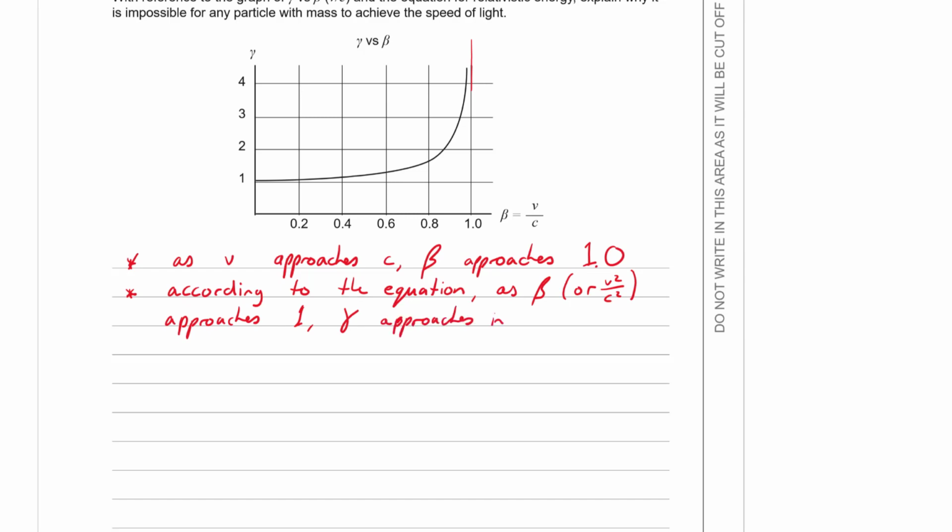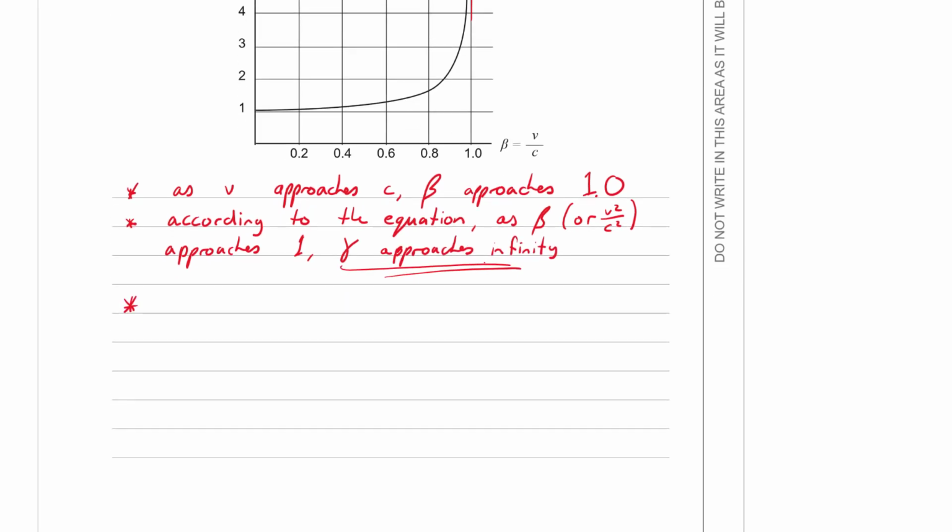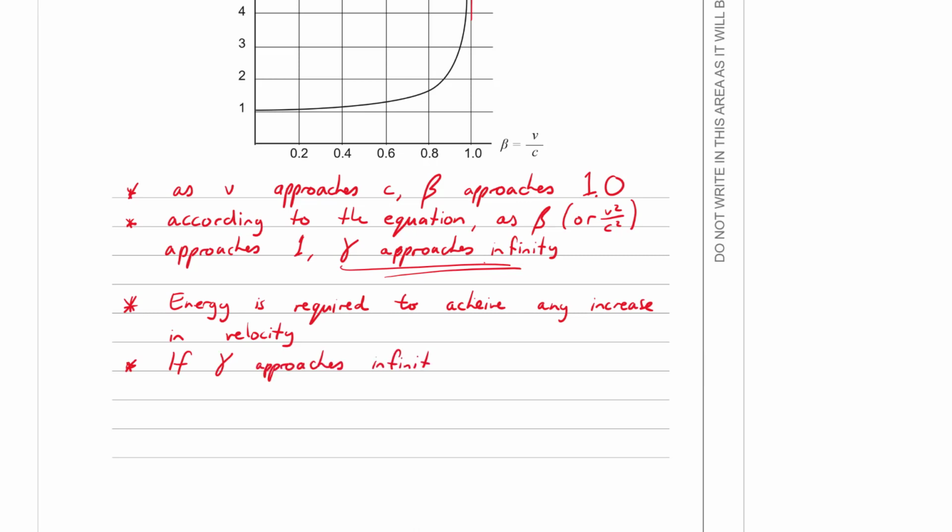If it's approaching infinity, then we start looking at the energy equation, and we'd expect the energy equation to also go towards infinity. And since energy is required to achieve any increase in velocity, as that Lorentz factor approaches infinity, it would mean we need an infinite amount of energy to achieve the speed of light, which is impossible.